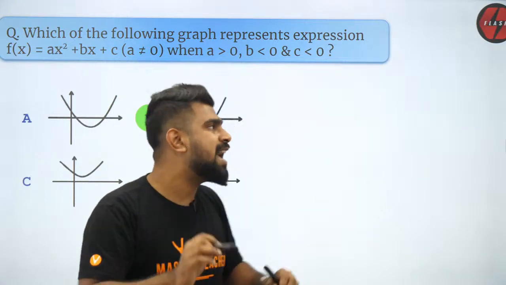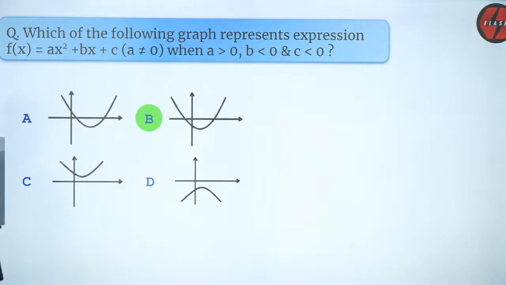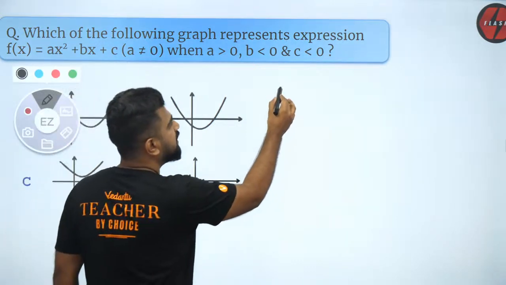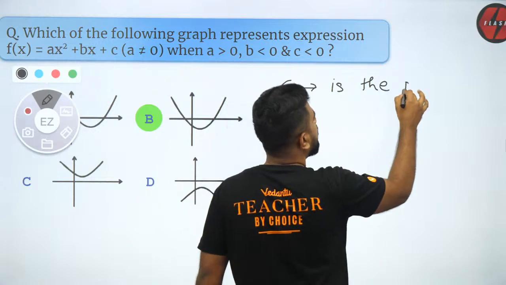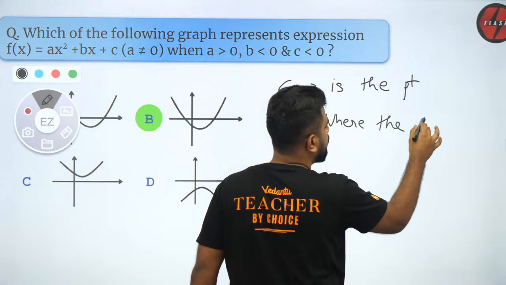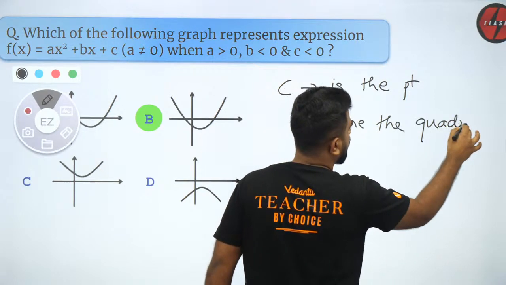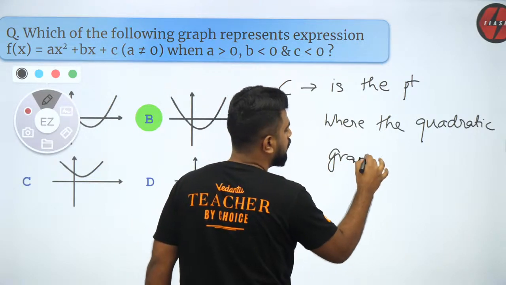That is my shorthand note for you. Let me write that down as well. So C is the point where the quadratic graph cuts the y-axis.